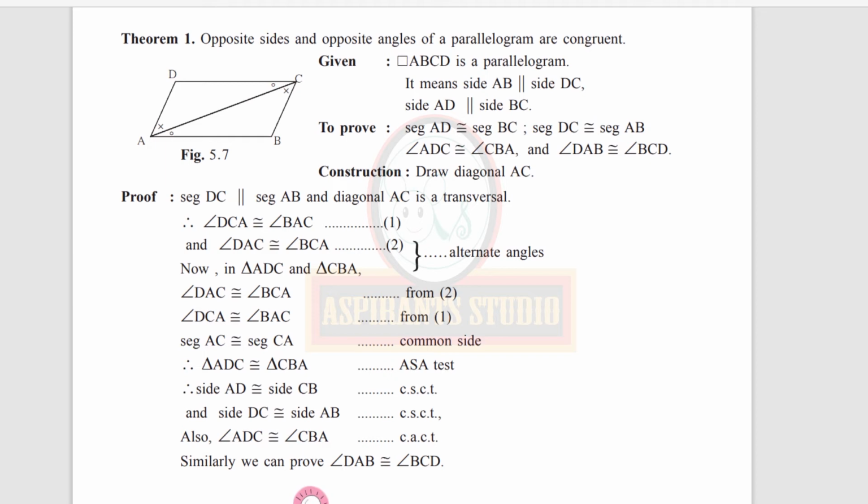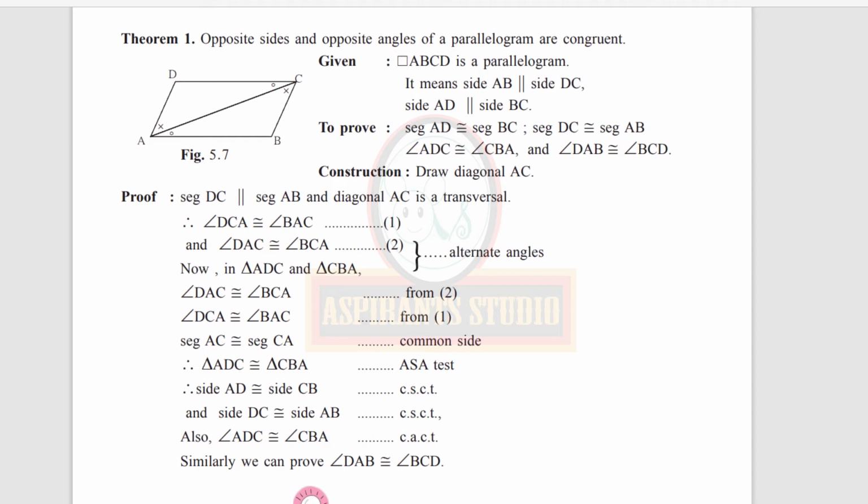Then A will overlap with C, vertex D will overlap with B, and vertex C will overlap with A. So the common side is segment AC is congruent to segment CA. A falls on C and C falls on A, no? So segment AC is congruent to segment CA. The reason is common side.